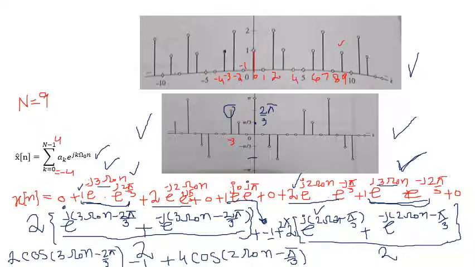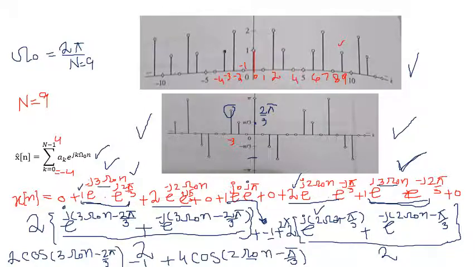Using this you can find the expression for the discrete time signal. One more thing we can do is replace the value of omega naught, which is related to the period: omega naught equals 2 pi by N. In this case N equals 9, so this will be 2 pi by 9.